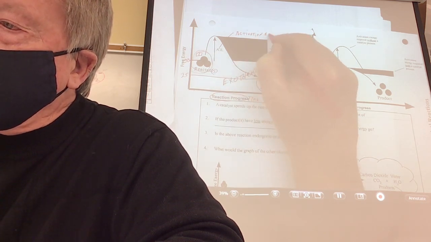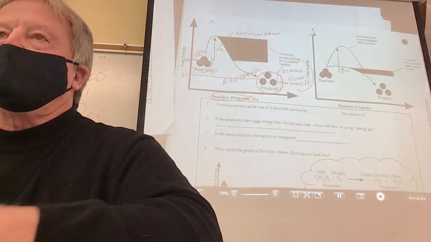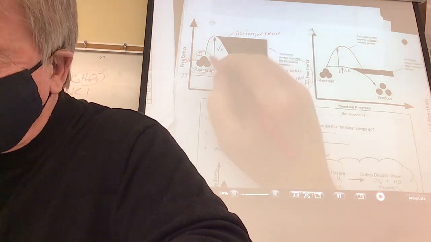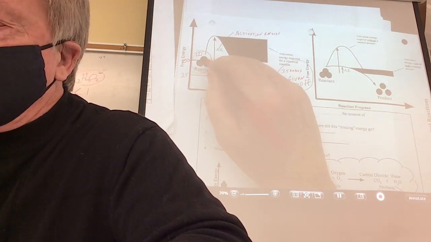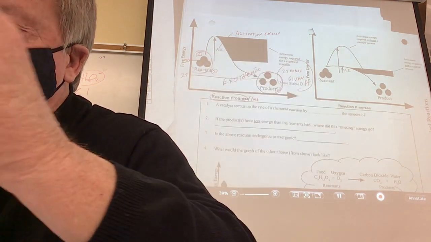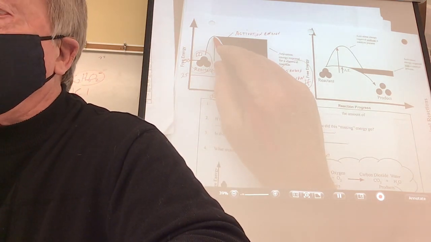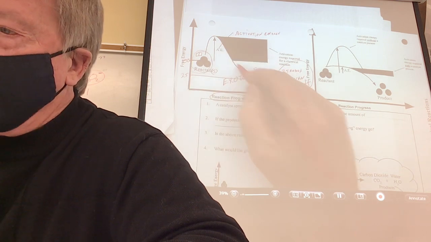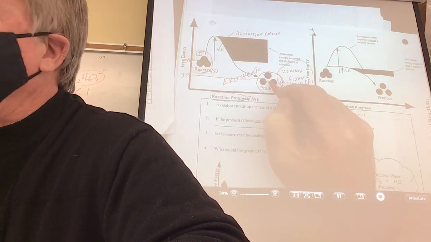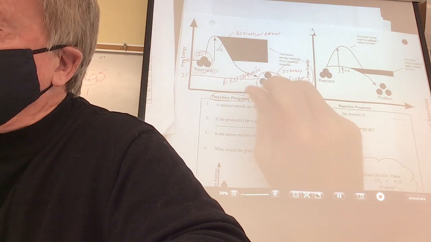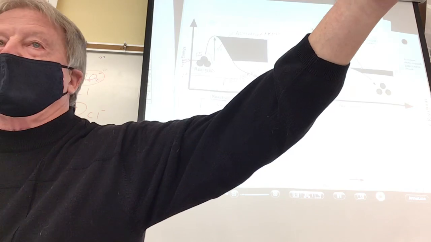Activation energy. That's the energy you have to put in, and guess what happens? They're sitting next to each other, not reacting, and I heat them. Now they're moving, and when they get to a certain speed, they run into each other, boom, and they turn into the products. I know the products had less energy than the reactants, so it must have given off energy.